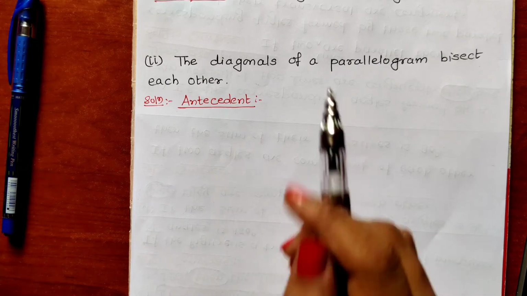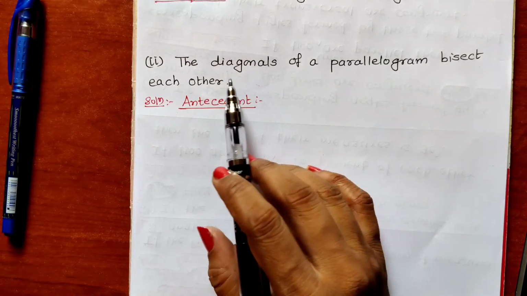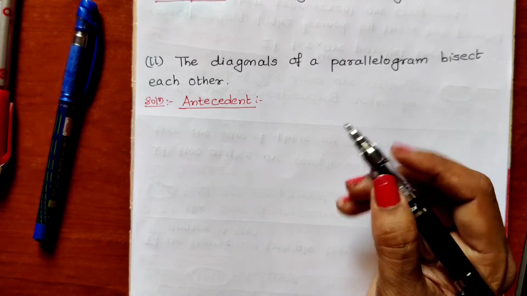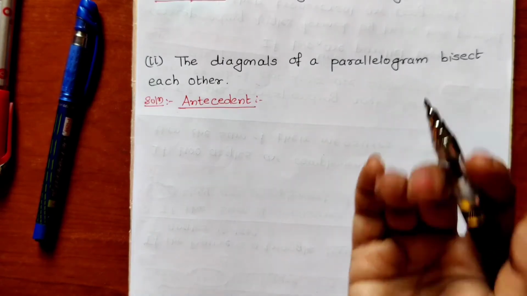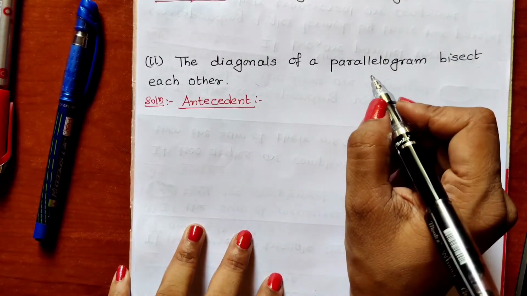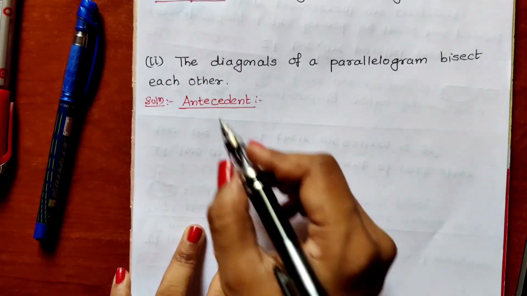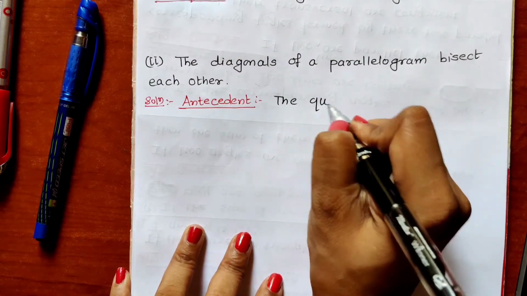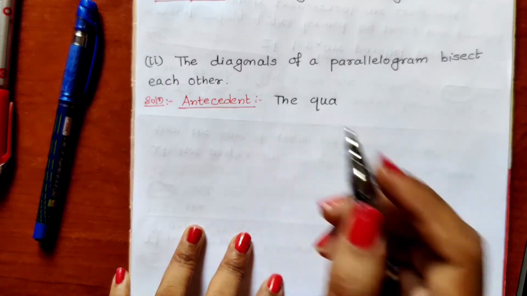So we will have to read the sentence carefully. Diagonals bisect each other, but of what? Of parallelogram. So the quadrilateral is parallelogram and property is about the diagonal. So antecedent is the quadrilateral is parallelogram. If the quadrilateral is parallelogram, then diagonals bisect each other.